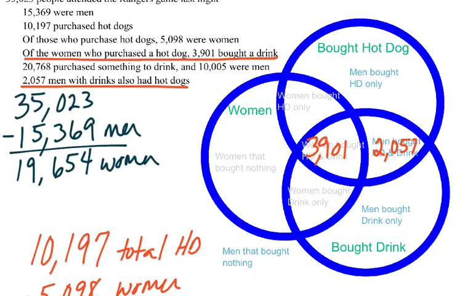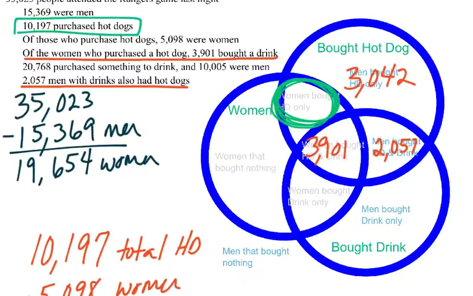And we see that that goes right here, 3,042. You should be able to see that right here in this section, this is the last section that involves hot dogs.